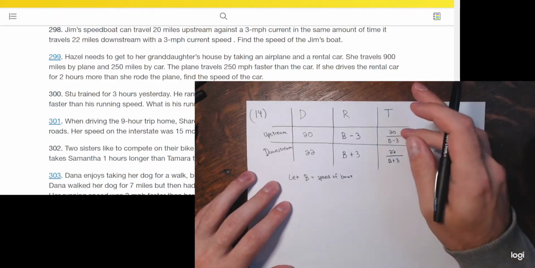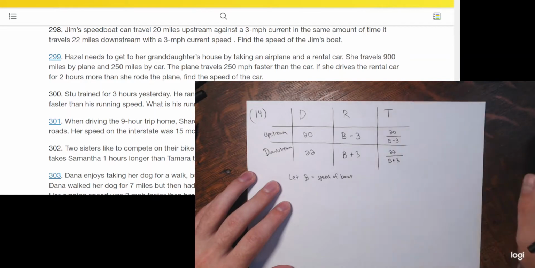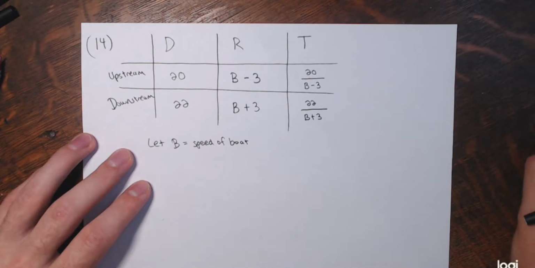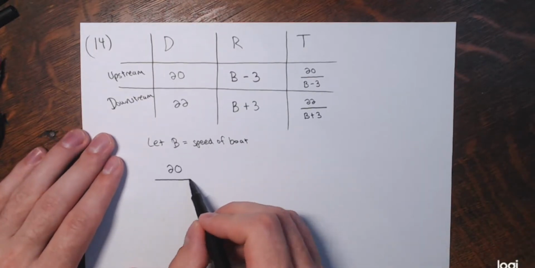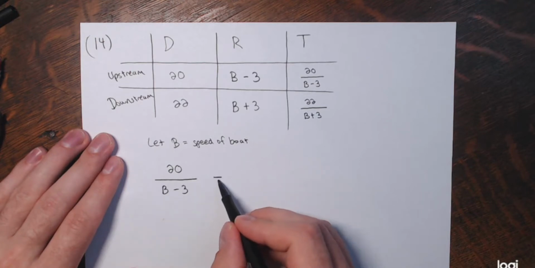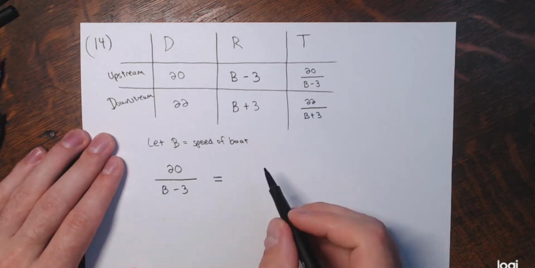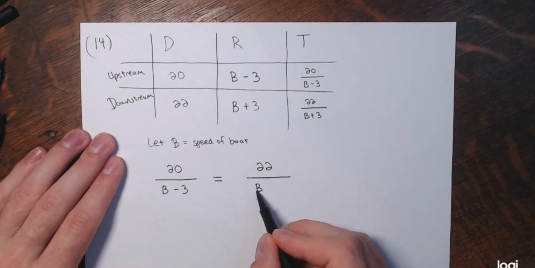So that's our equation. This time upstream will be equal to this time downstream. Let me write that out. So here's our equation: 20 over B minus 3, the time going upstream, is equal to the time going downstream, 22 divided by B plus 3.